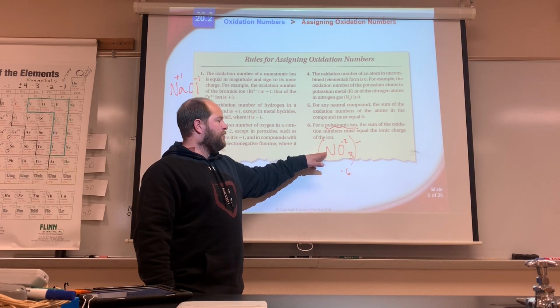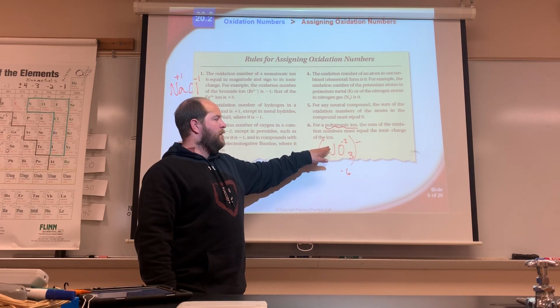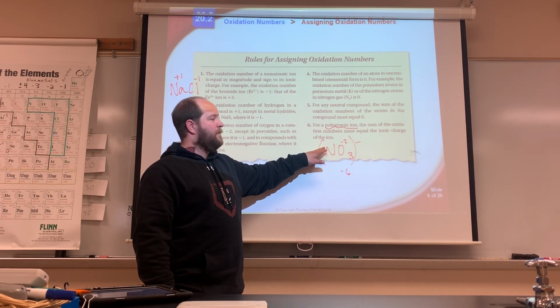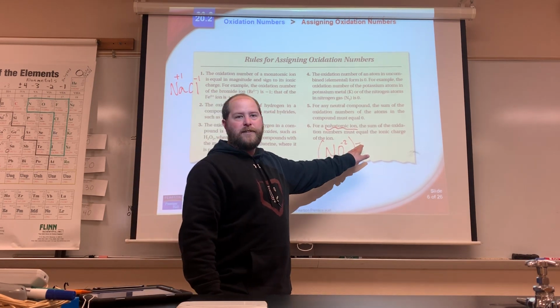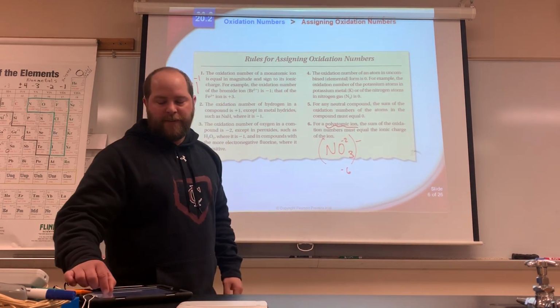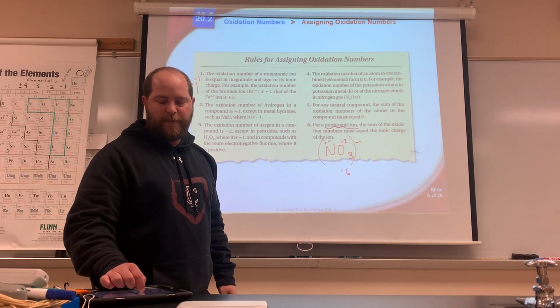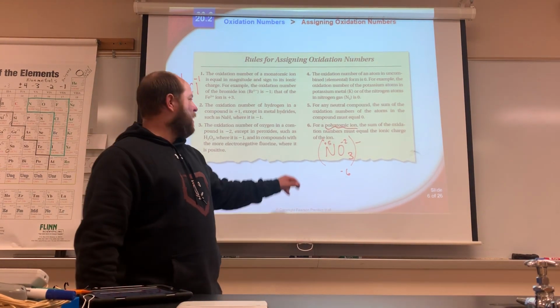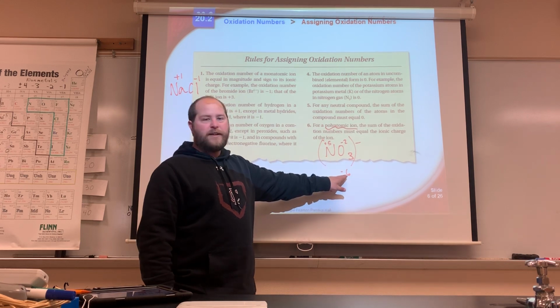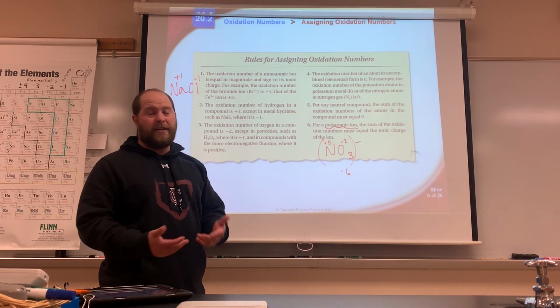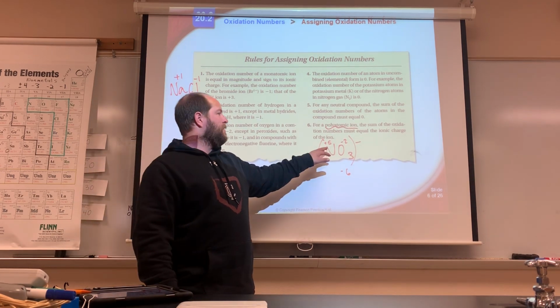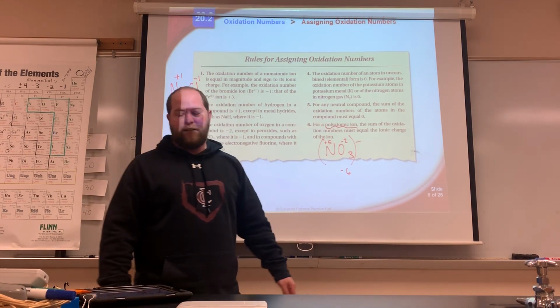So the nitrogen must be a number that, when added to -6, equals -1. In this case, the nitrogen must be +5, because when you add this to the -6, you get the -1, which you need. So that's how we can assign the oxidation number for the nitrogen in the polyatomic ion.